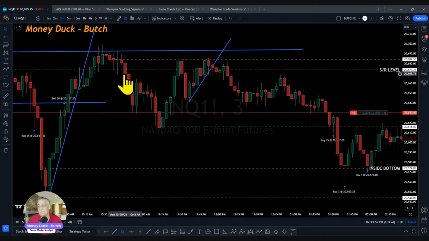Better entry. And let me show you something else. If I would have got in here, positive for a while, I would have closed out partial, part of that 28. I would have closed out partial, but left my stop. And then through this, yeah, that goes in the negative a little bit.